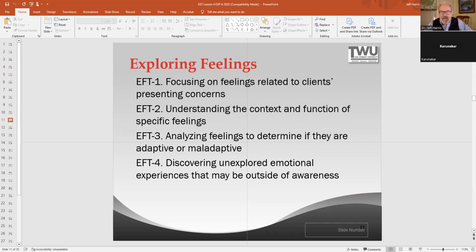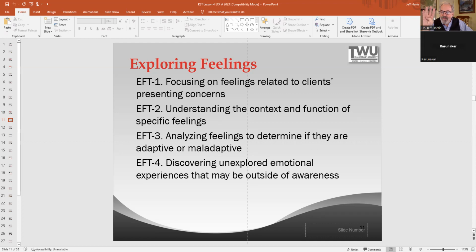So today we're going to be talking about four different strategies for exploring feelings. Focusing on feelings related to clients' presenting concerns, understanding the context and function of specific feelings, analyzing feelings to determine if they're adaptive or maladaptive, and discovering unexplored emotional experiences that may be outside of awareness.